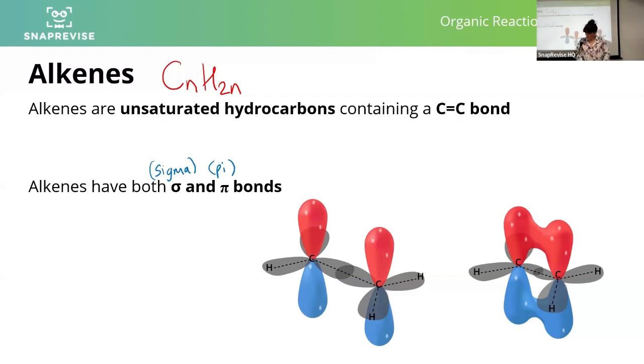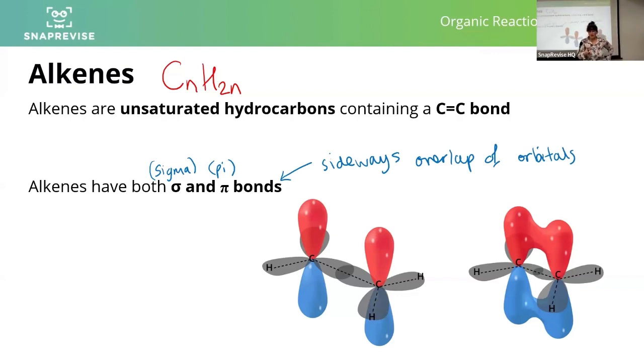So that's one of the issues, which we'll come to in a second. We have no rotation allowed with our sideways overlap. Let's add that in. Sideways overlap of orbitals.